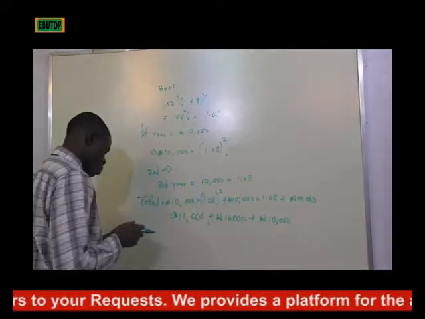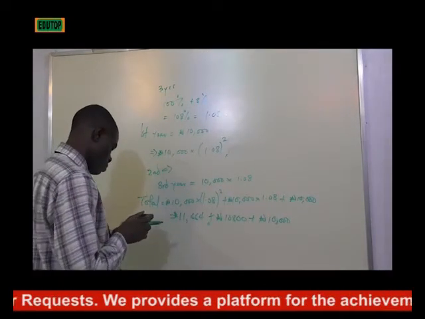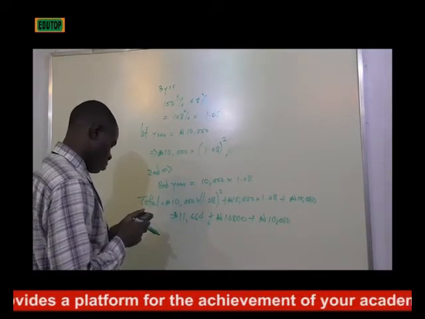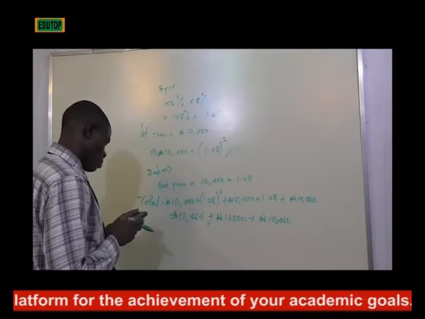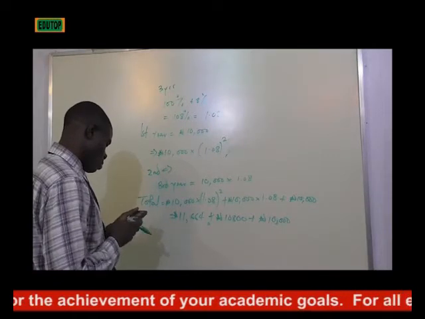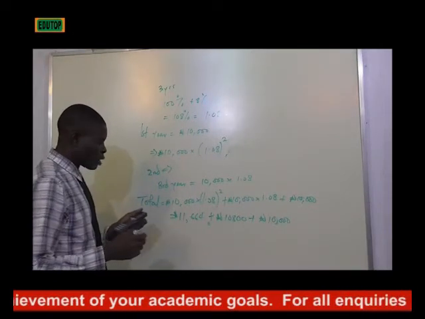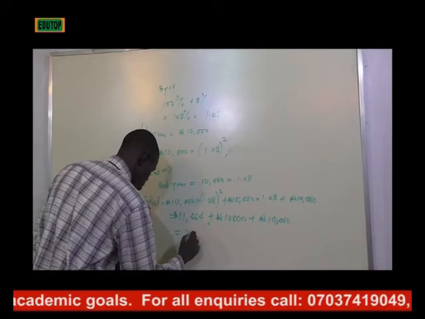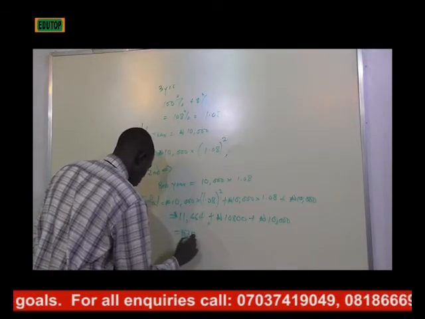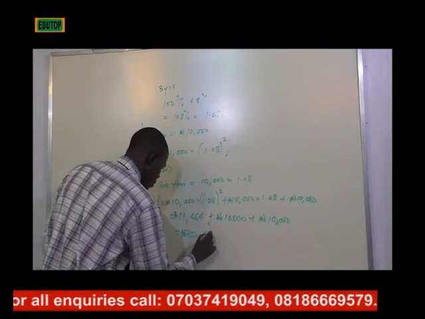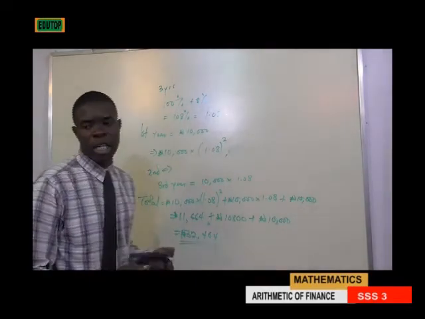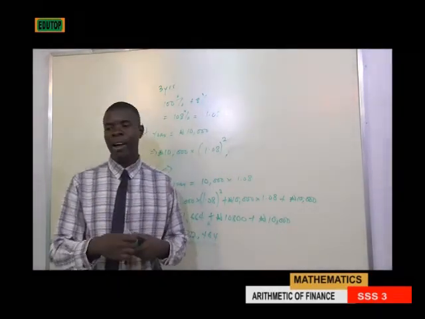So we sum these together. Then we'll have 32,464 naira. So that will be the total amount at the end of 3 years. So we'll have 32,464 naira.